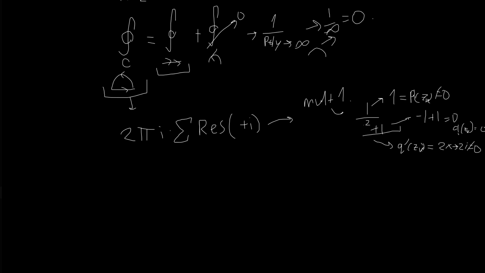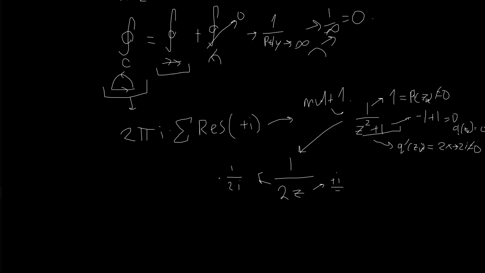Okay, so basically, since we know this information is true, we can now find the residue. It's just going to be p of z over q prime, which is just 2z at i. Since we're looking for the pole at positive i, we can just plug in positive i, right? So the residue is just going to be 1 over 2i.